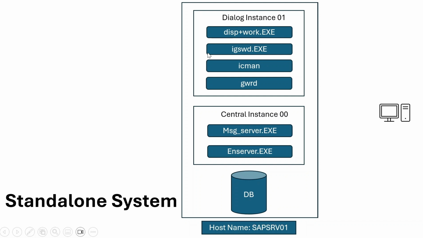And how loaded this dialog instance is, how much it is working, whether it is sitting idle or loaded with work. This kind of information a message server holds. What is the significance of this information? We'll see later in the distributed system step, but right now keep in mind that the message server is like the brain.